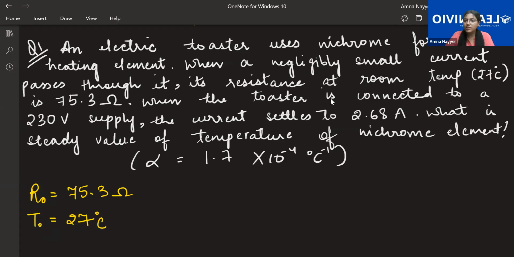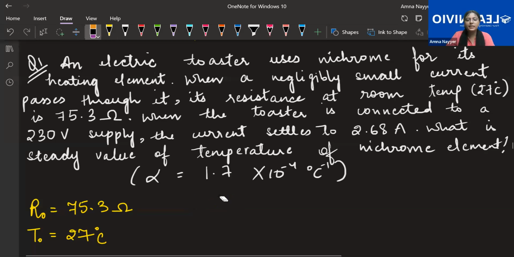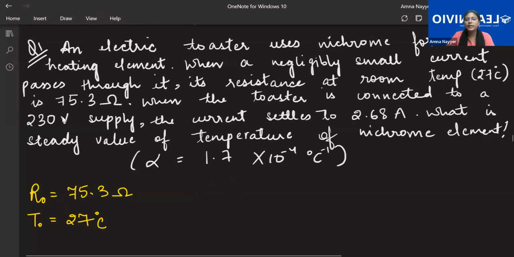It says when the toaster is connected to a 230 volt supply, the resistance is not given to us. Rather than the resistance, they have given us the voltage. So you have the voltage 230 volt.